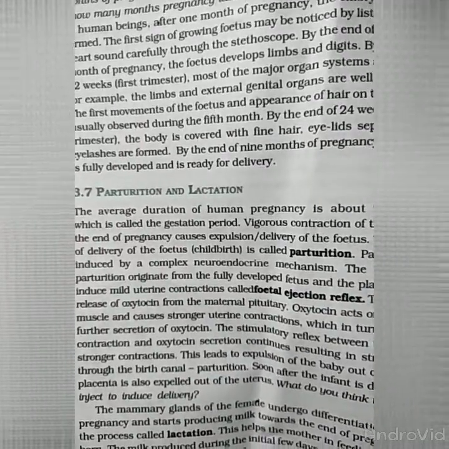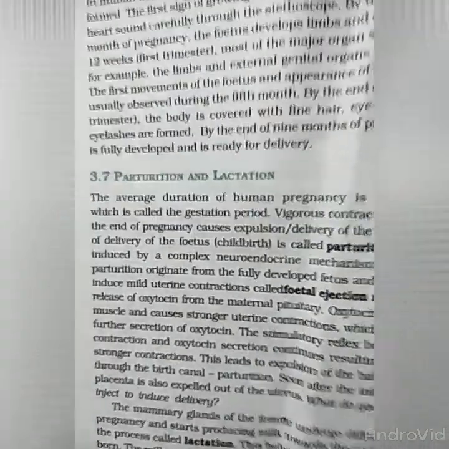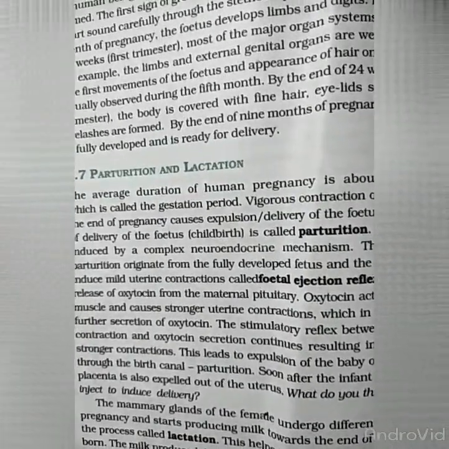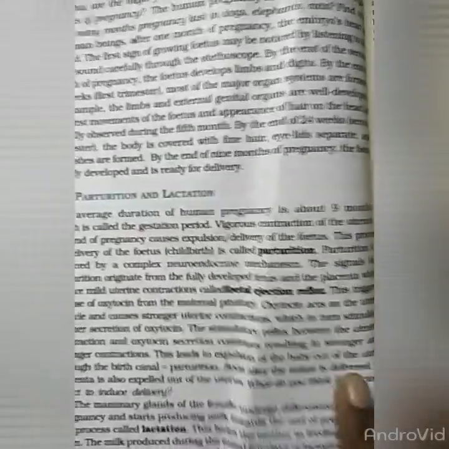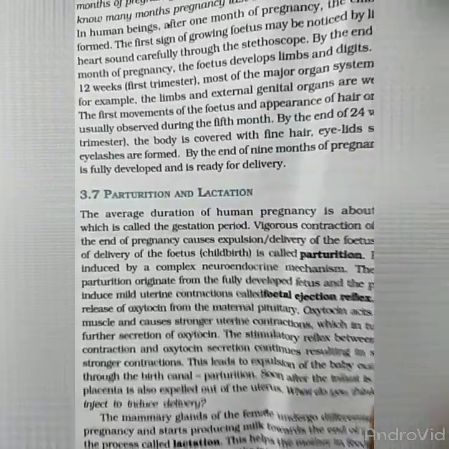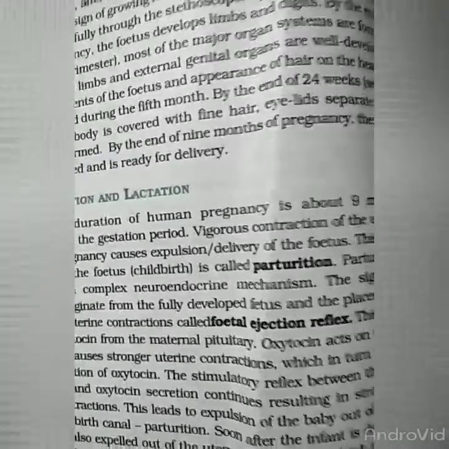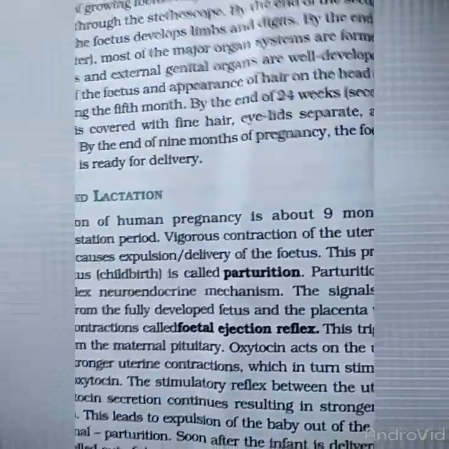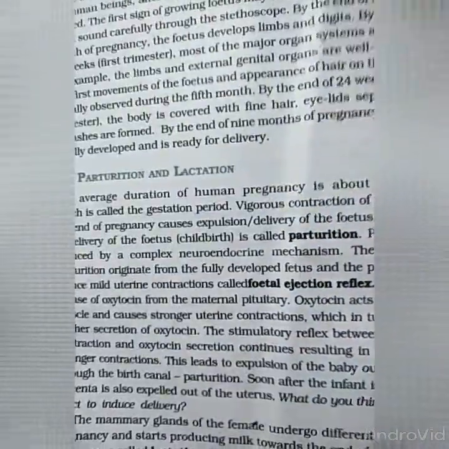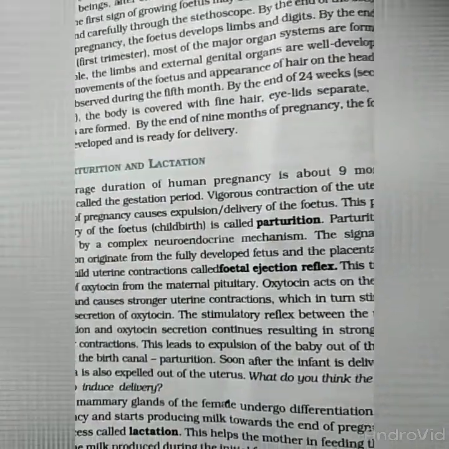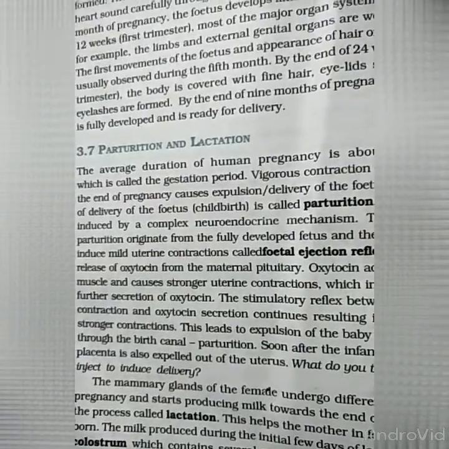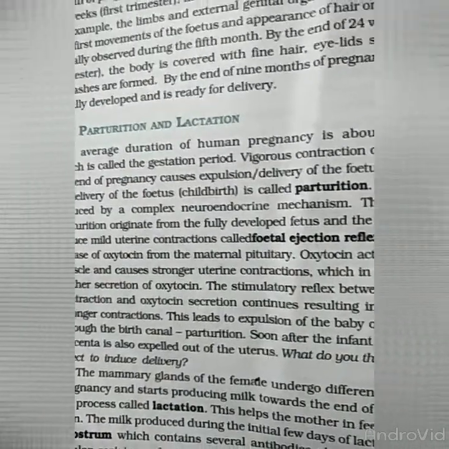So what is parturition? The process of delivery of the fetus, that is childbirth, is called parturition. Parturition is induced by a complex neuroendocrine mechanism. During parturition, the uterine wall contractions are called the fetal ejection reflex. This triggers release of oxytocin from the maternal pituitary.